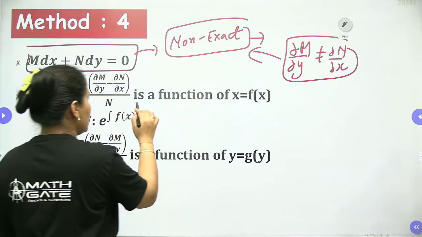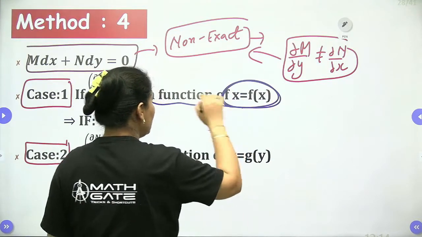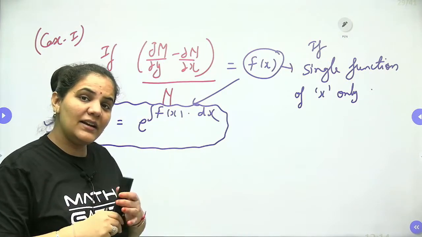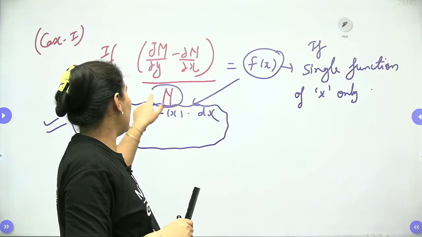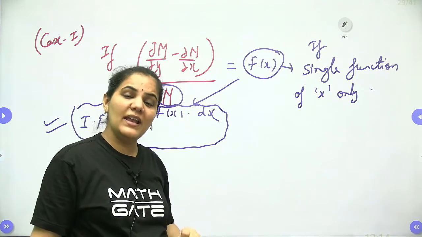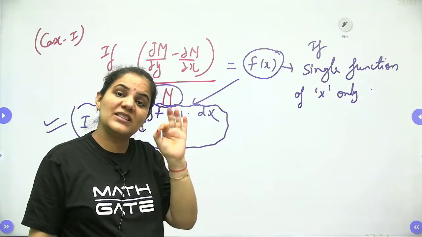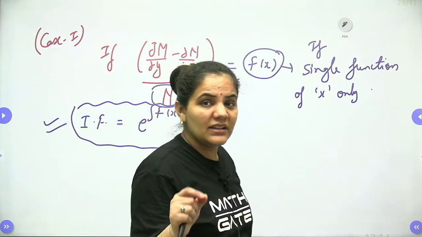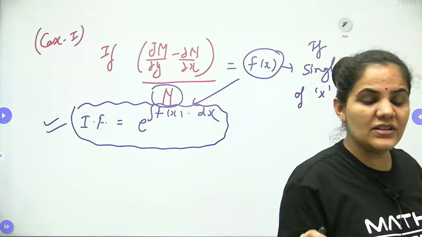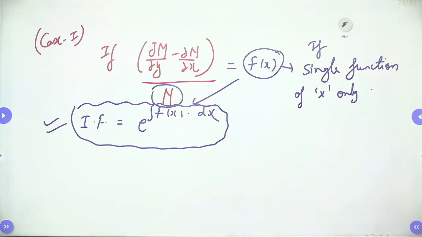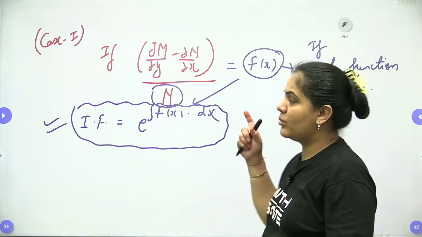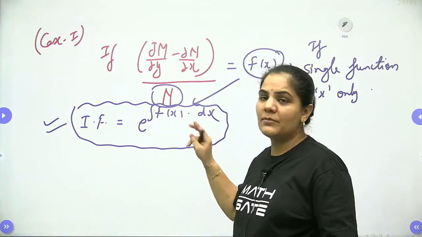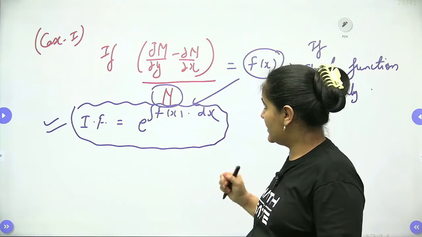Just remember the only condition: when we take del M by del y minus del N by del x and divide the complete quantity by N, the result should be a single function of x only. When we have a single function of x, then only we can approach this method. Then the integrating factor will be e to the power f(x) dx. The first case is this one.